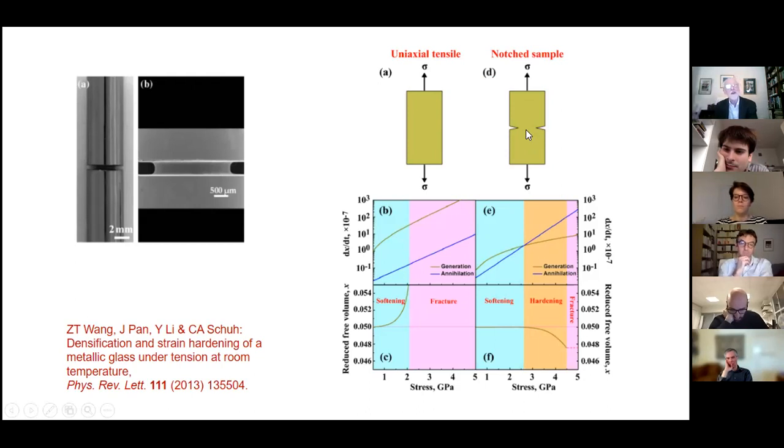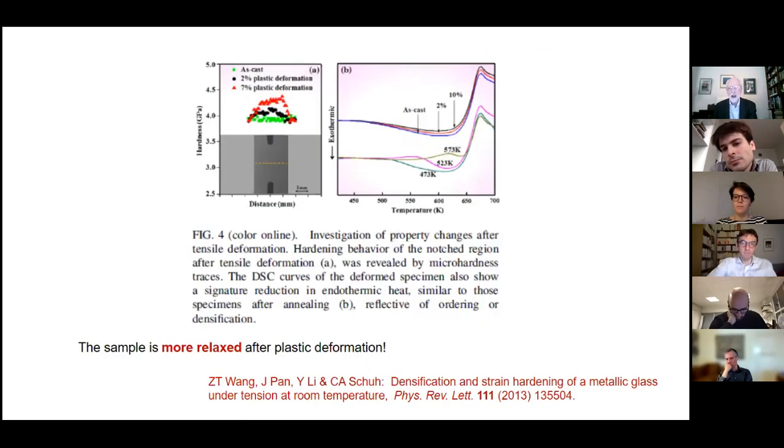You don't have much plastic flow. In terms of repairing damage, that's rather accelerated here because you have lots of hydrostatic tension. So much so that the net effect is that the repair of damage seems to win over the generation of damage. So you actually end up with a metallic glass in the notch region that's not softer, but harder. It behaves as though it has been annealed.